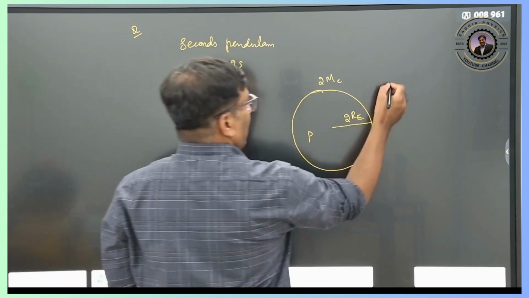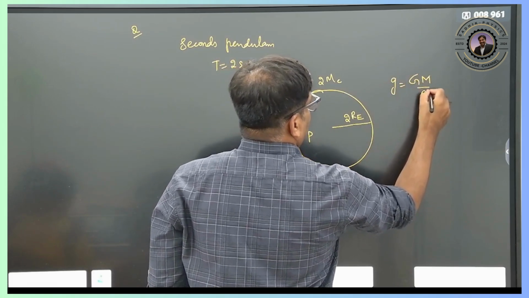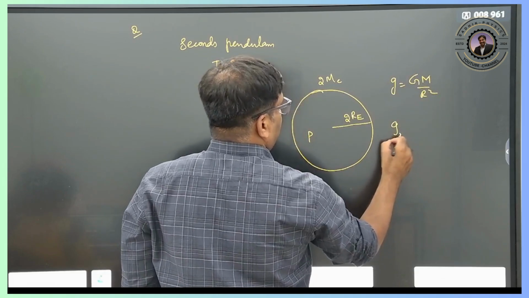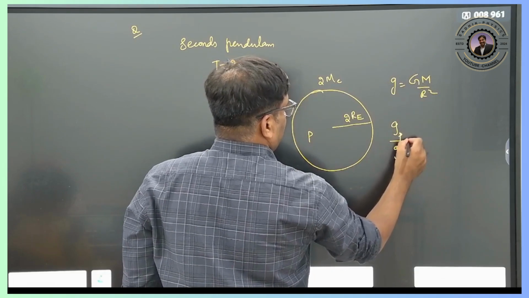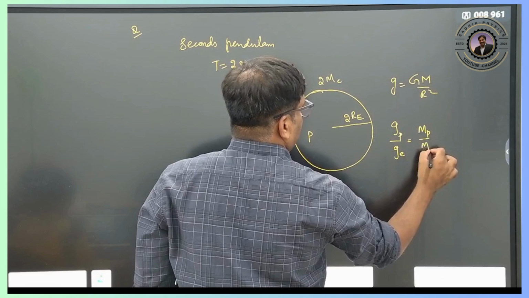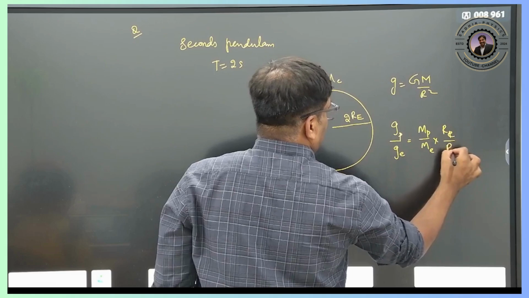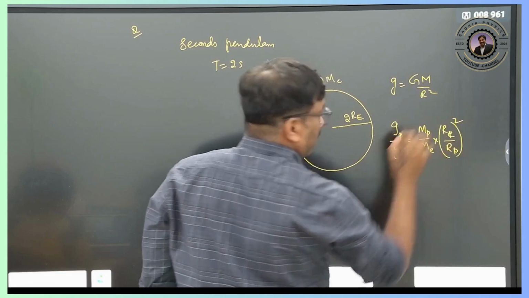You know that in the gravitation lesson we studied g equals Gm by R square. So g on the planet by g on the earth is directly proportional to the mass of the planet by the mass of the earth, and inversely proportional to the radius of the earth by the radius of the planet, whole square. Clear?